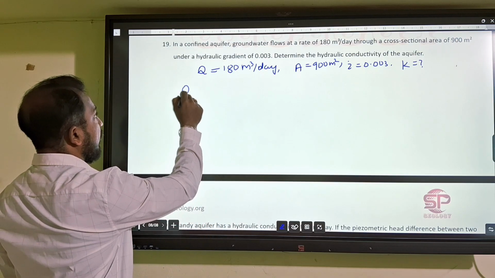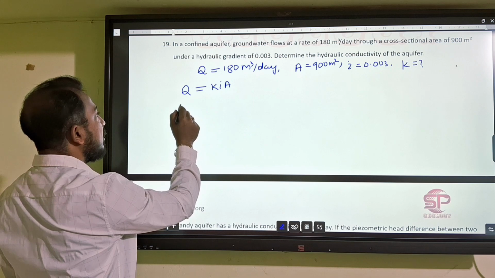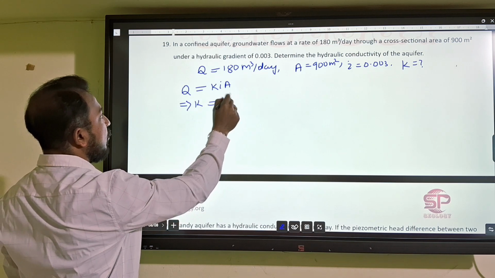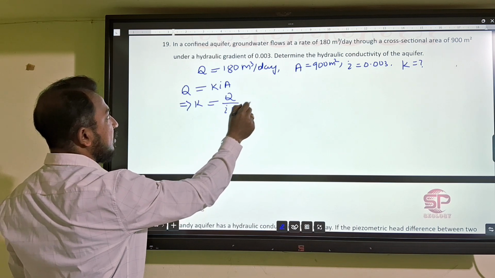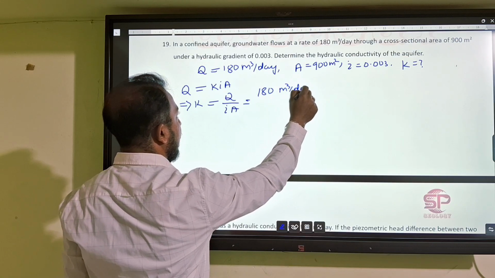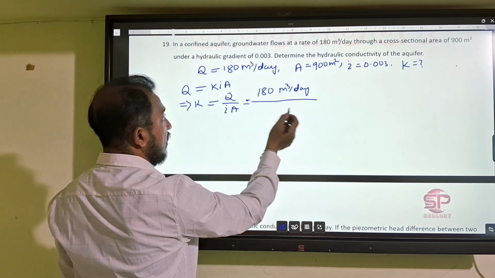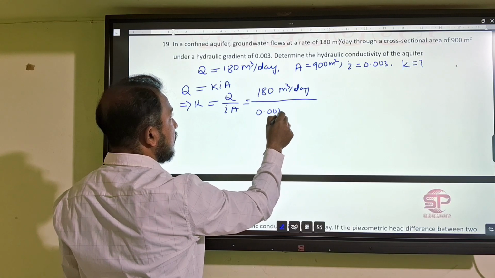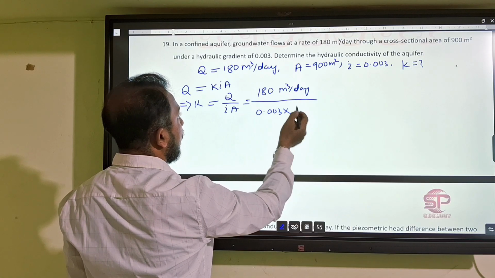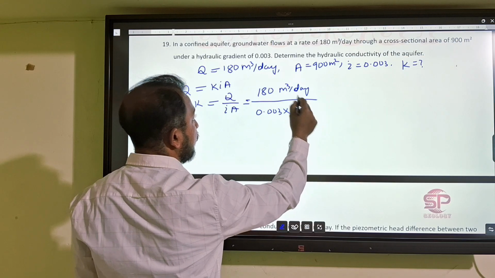So what is the formula? Q equal to KIA. So you have to calculate K. So it will be K equal to Q by IA. So Q is given 180. Remember, meter cube per day. Don't have to convert anything, all are in the same unit. So I is 0.003 and A is your 900 meter square.